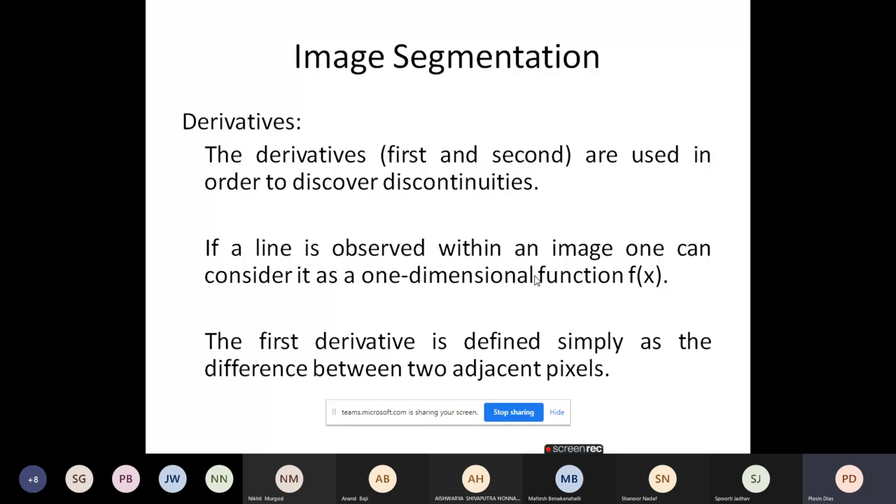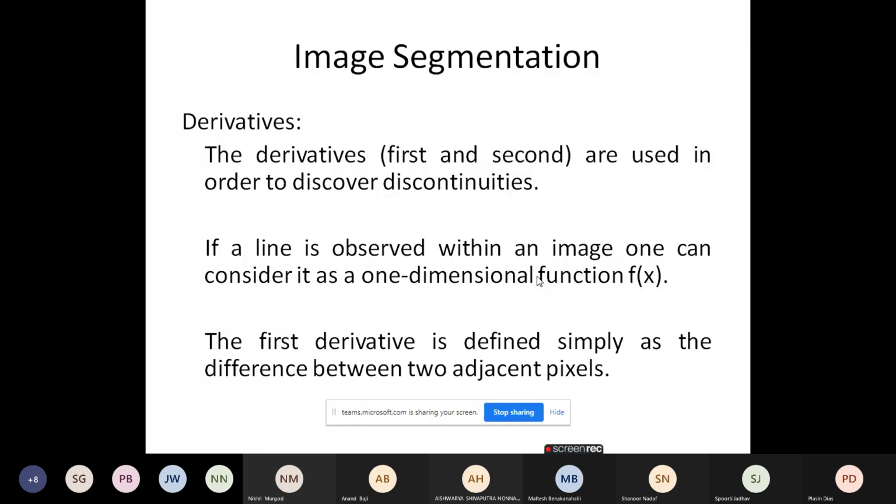Before that, we have to understand the mathematical aspect related to the pixels involved in an image. Today I will only explain how derivatives are used. I have not put many mathematical equations in today's presentation. In the notes I have highlighted them, but not in the presentation. Once we cover today's theoretical aspect, the next class will highlight the mathematical aspects.